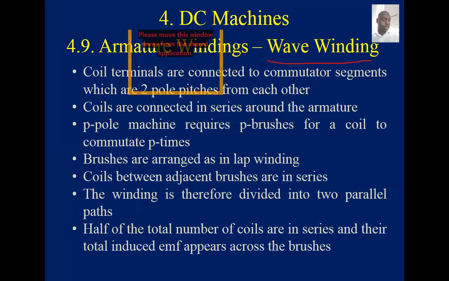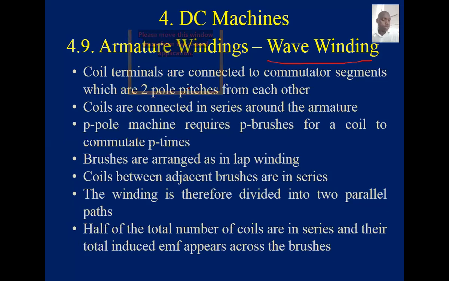Okay, so I was saying the only difference between wave winding and lap winding is the issue of the parallel paths. In wave winding, we only have two parallel paths.